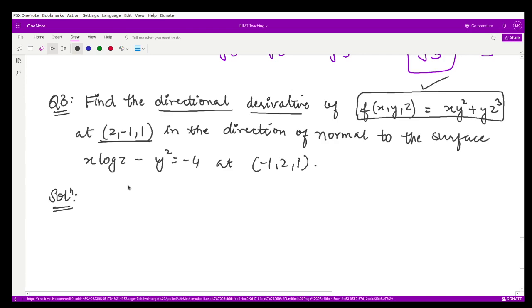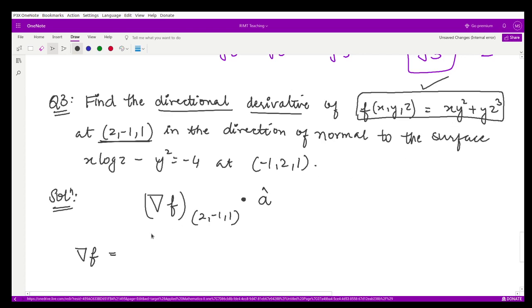In order to calculate the directional derivative, we have to perform the del of the given surface, that is f, computed at the point 2 comma minus 1 comma 1, dot product with the unit vector. We shall see what is a unit vector. First of all, let me calculate this del of f.